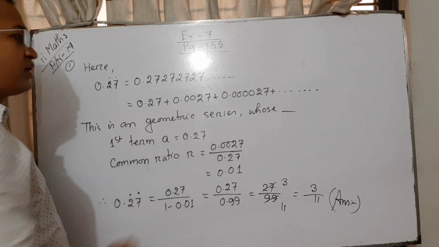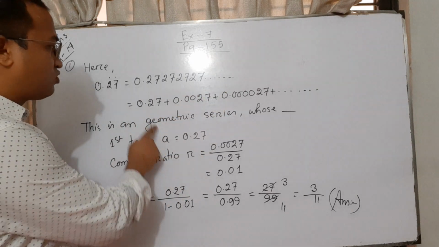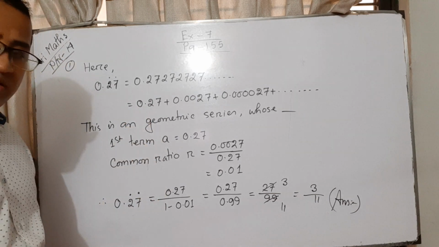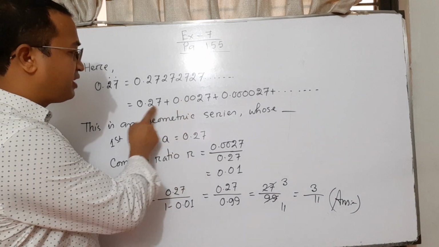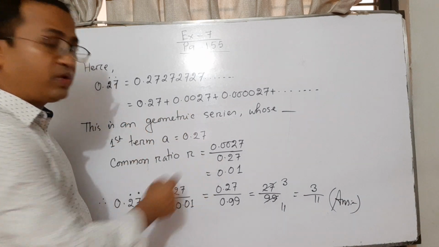This is a geometric series whose first term a is 0.27 and common ratio r is the second term divided by the first term, that is 0.01.